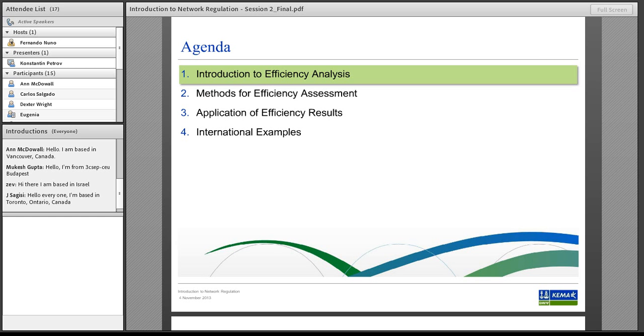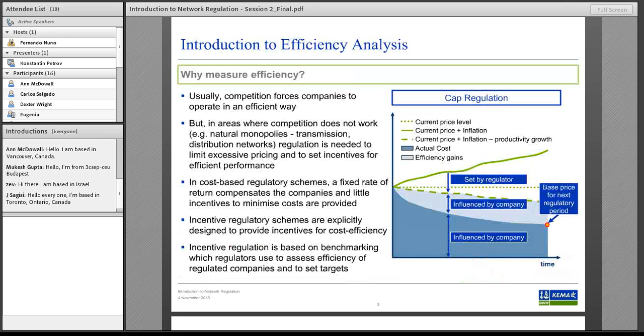Starting with the first topic in this presentation, the introduction to efficiency analysis. Again, this is the graph I was using last time.